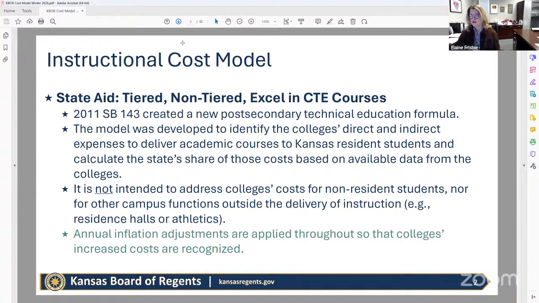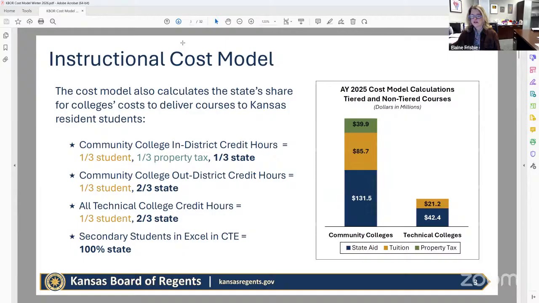I also like to emphasize for policymakers that there are annual inflationary adjustments applied throughout the elements of the cost model. We've taken a look at all of the academic year 2027 data from the schools. On the expense side, we'll go through those four elements, but on the revenue side, how are those expenses funded?